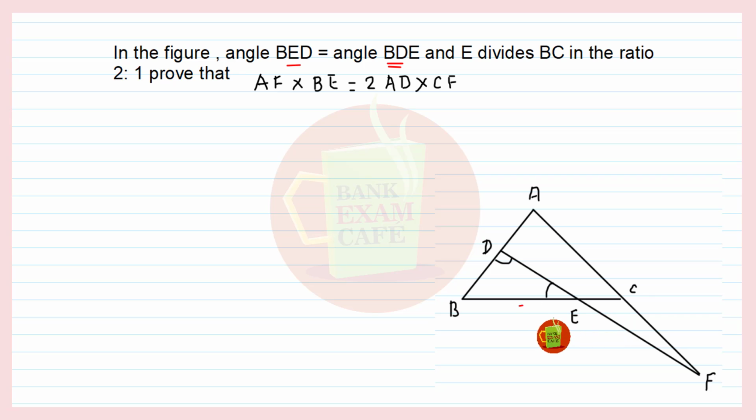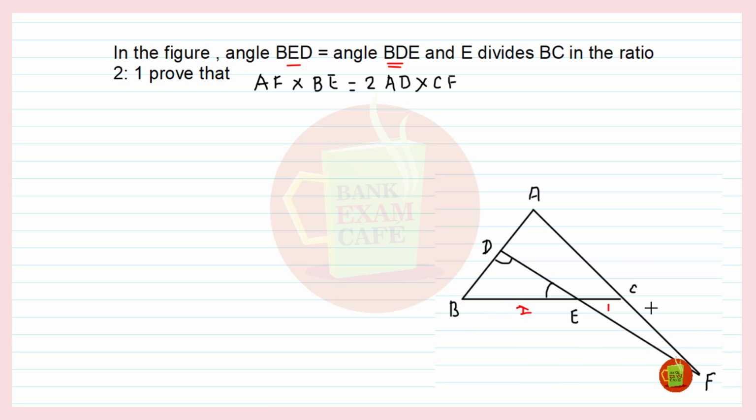It means BE upon EC is 2:1, and we have to prove that AF into BE is equal to twice of AD into CF.